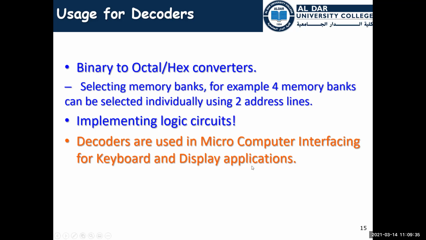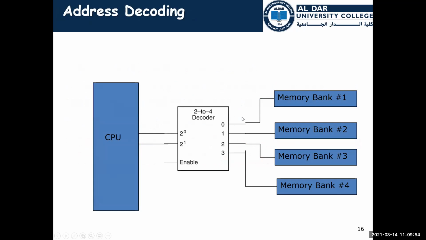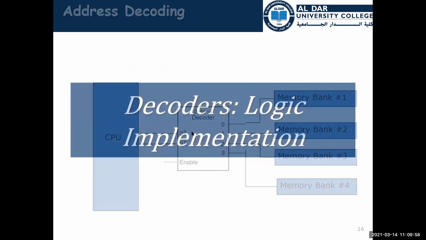As you know, we have many input-output devices, and one of the devices will be active at a time, and this is only done using decoders and multiplexers, which we will talk about later. Here the address decoding can be done using the 2 by 4 decoder as we have seen before.